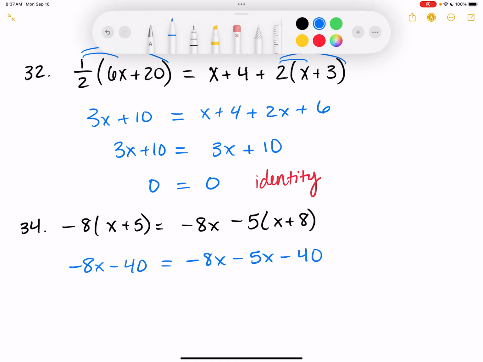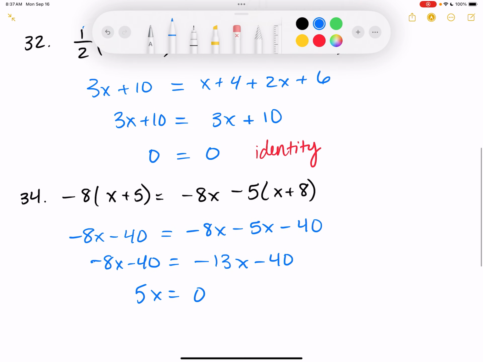So negative 8x minus 40 equals negative 13x minus 40. Moving the x's over and the numbers around, I get 5x equals 0. So x equals 0, which, if we get that as one solution, what is it? Conditional. Conditional, yep.